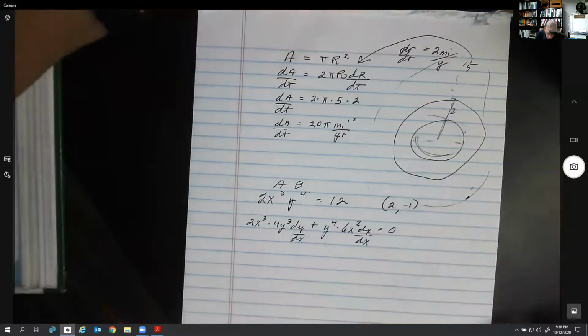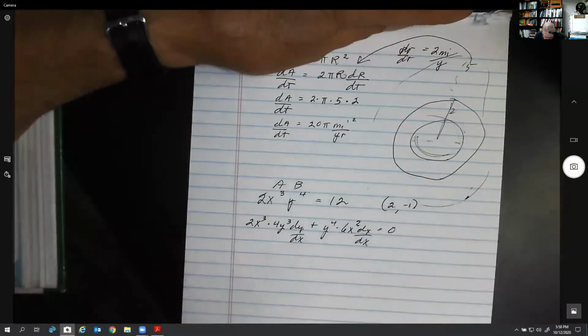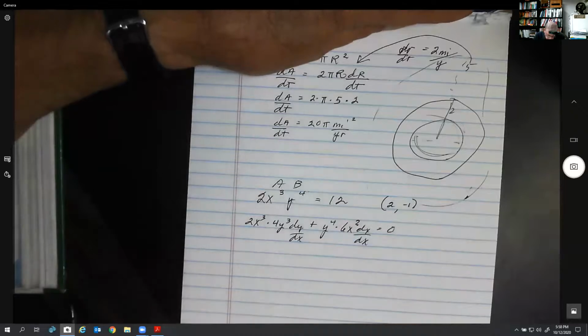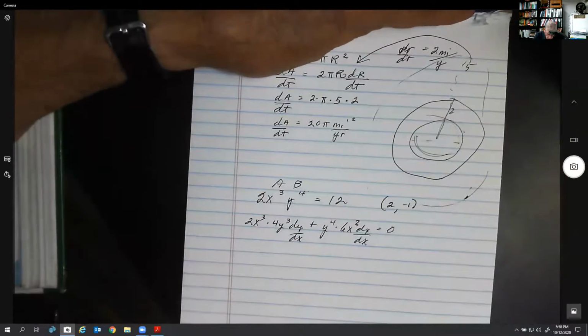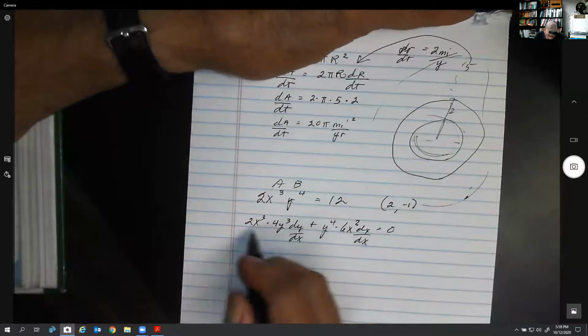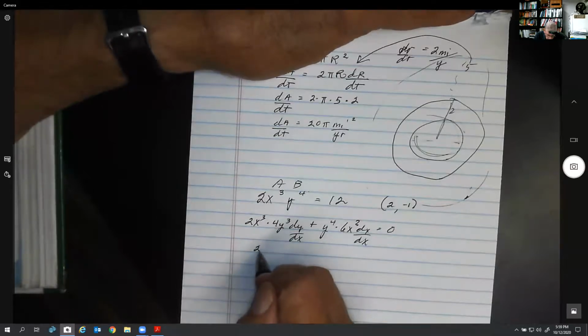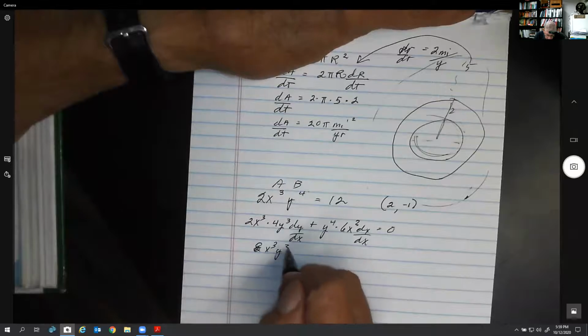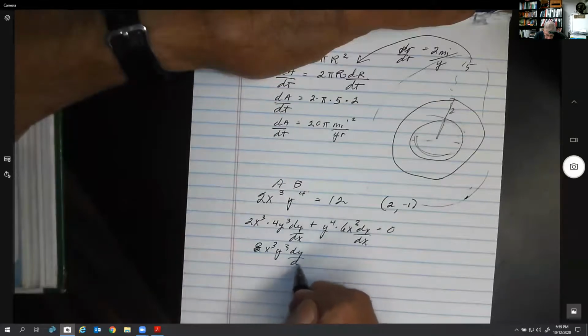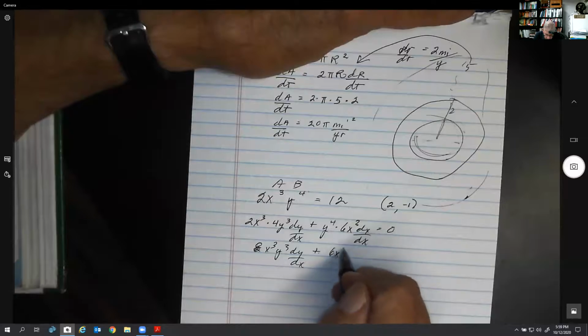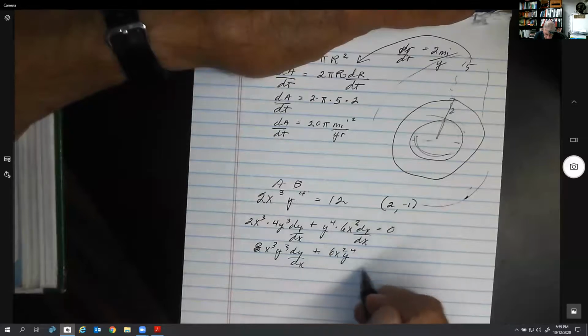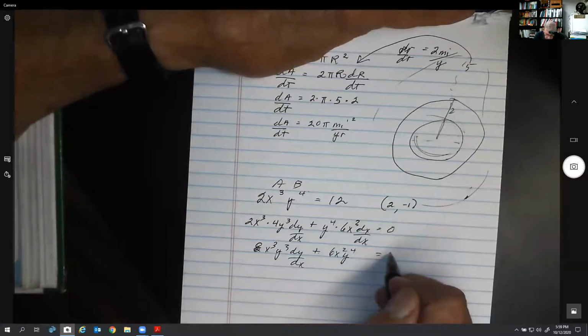So what we're going to do is combine this together. This would be 8x cubed y cubed dy dx plus 6x squared y to the fourth times 1 equals 0.